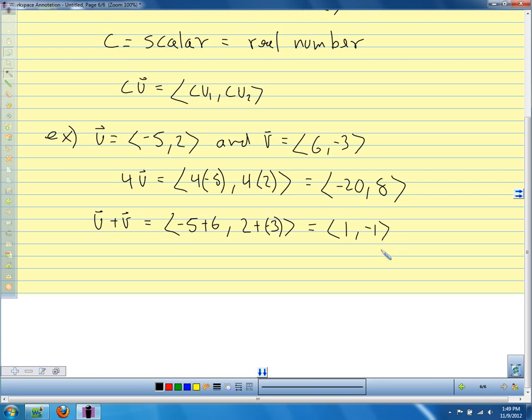So I'm just adding the components. u minus v is just the vector negative 5 minus 6, 2 minus negative 3. And this gets me negative 11, 5.